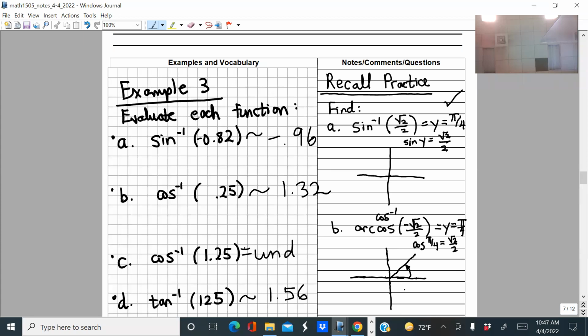No, not in quadrant 4. Quadrants 2 and 3, right? Remember, the sign of cosine comes from the sign of the x-axis. In quadrant 4, the x-axis is positive, so it can't be there. But you're right, Emil, it could be in quadrant 3, and it could also be in quadrant 2.